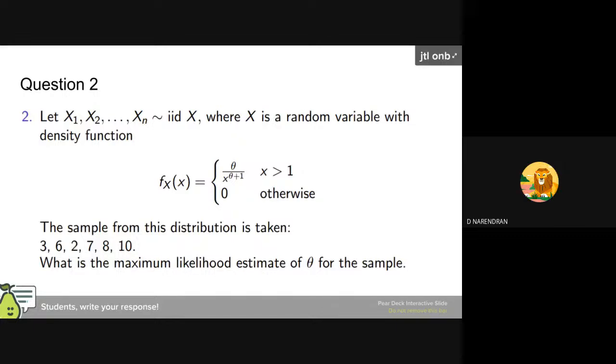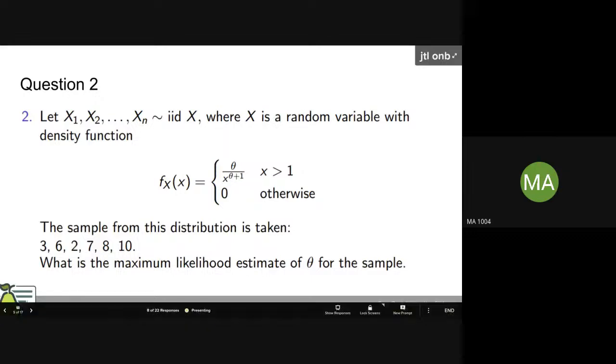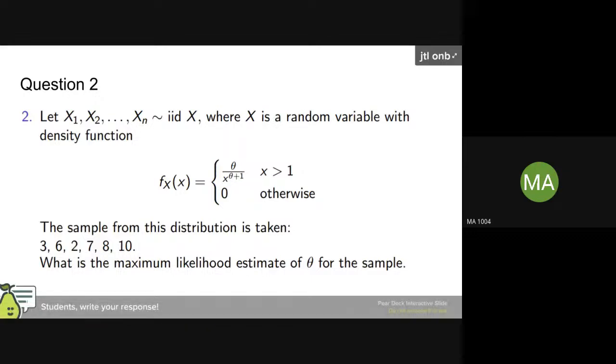Have you got your likelihood function in terms of theta only? Yes, sir. Okay. Many of you got stuck, is it? Yeah, after that, I did not know how to go. How to differentiate? Yes, sir. Okay. So maybe in this particular example, you will know what is the advantage or benefit of taking log for your likelihood function.